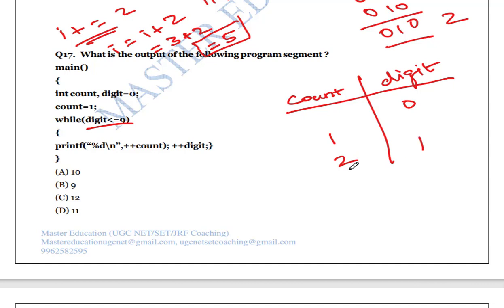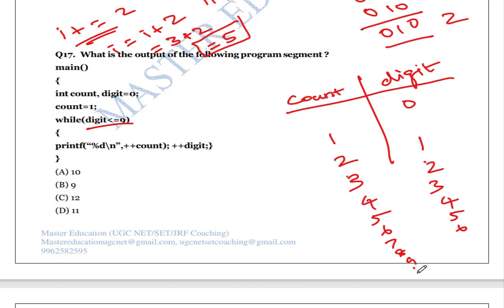Now digit is 1. The next time it will go and check. Digit is 1, less than or equal to 9, yes. It will come again, count is 3, then 4, 5, 6, 7, 8, 9.